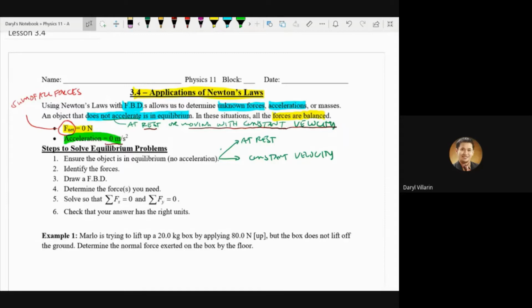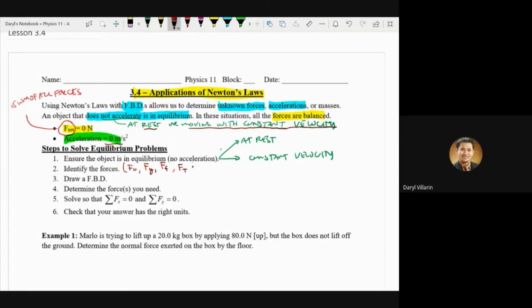And the next thing is you need to identify the forces. So we talk about the common forces that you'll be encountering. It could be normal force, Fn, Fg, it could be friction, and it could be force of tension.